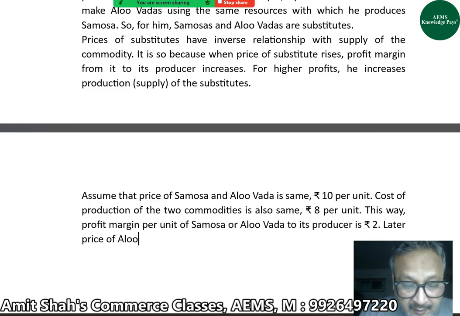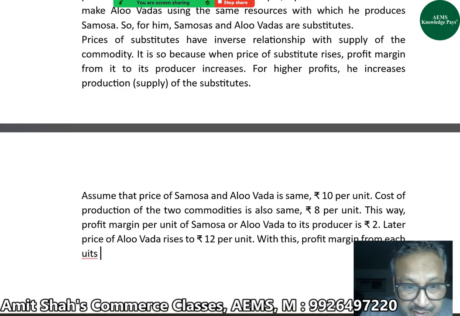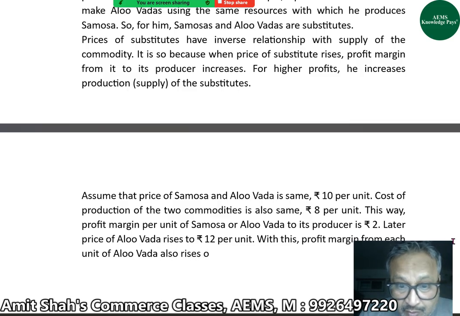Later price of aloo vada rises to rupees 12 per unit. With this, profit margin from each unit of aloo vada also rises to rupees 4 per unit.